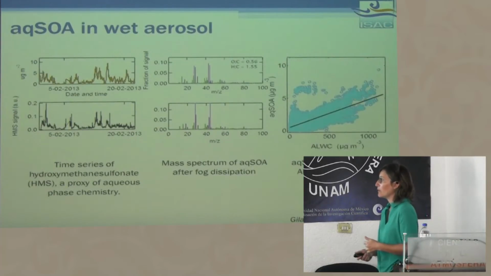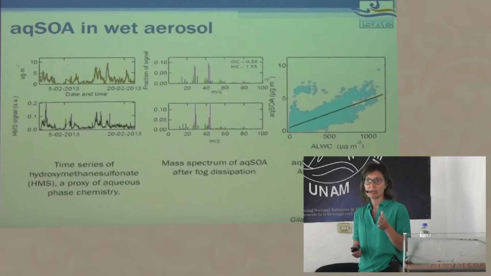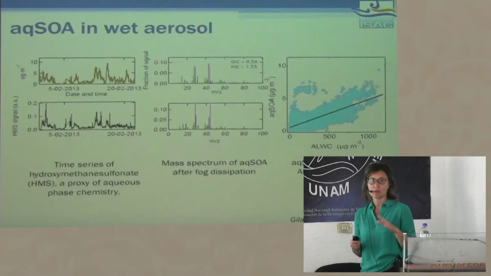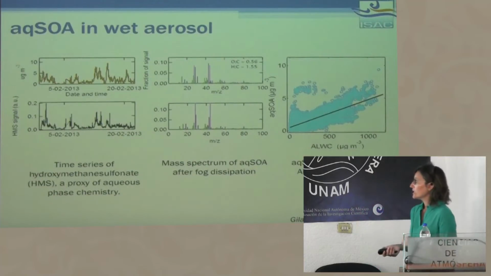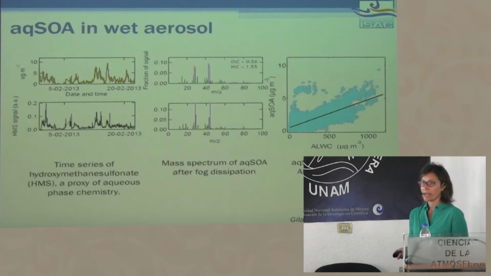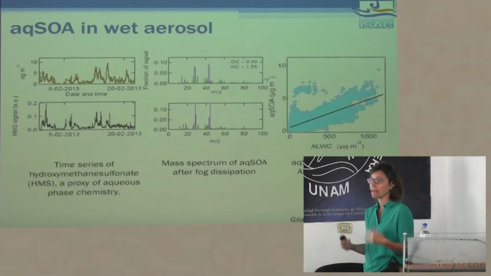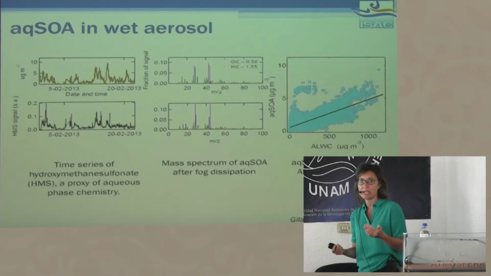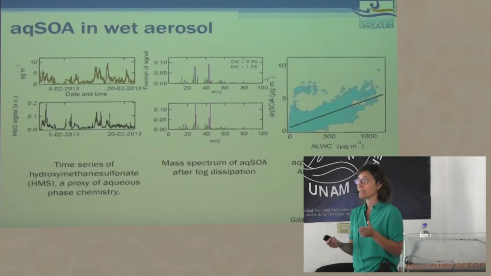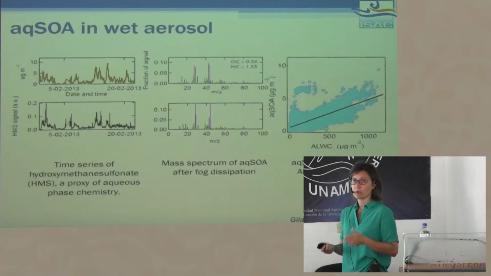Finally, as I said before, in Bologna, we did not have fog events, so we think that the aqueous secondary organic aerosol is formed in wet aerosol. So using the extended aerosol inorganic model, we simulate the aerosol liquid water content during the experiment, and we see that the aqueous secondary organic aerosol correlates quite well with the aerosol liquid water content, confirming again that the aqueous phase is the medium where this secondary organic aerosol is formed.